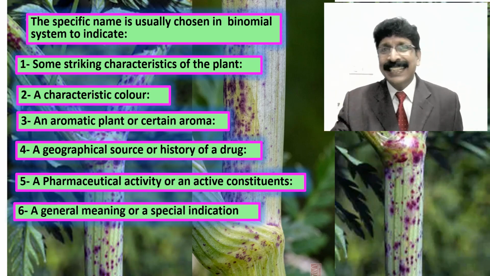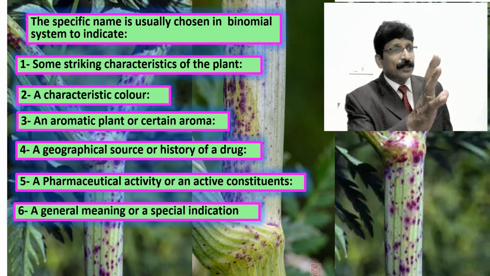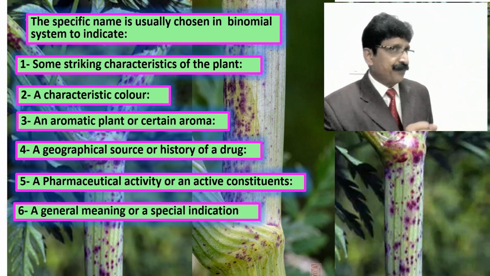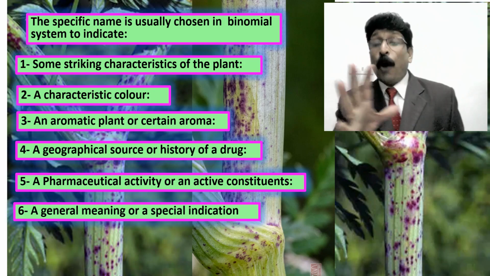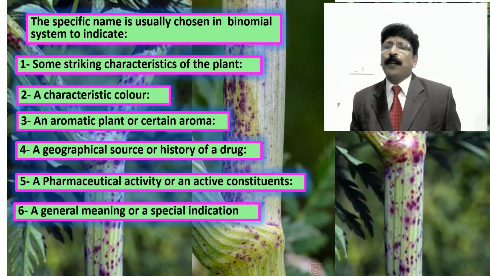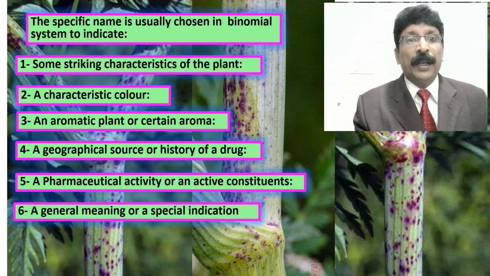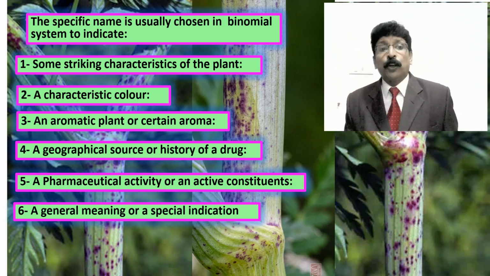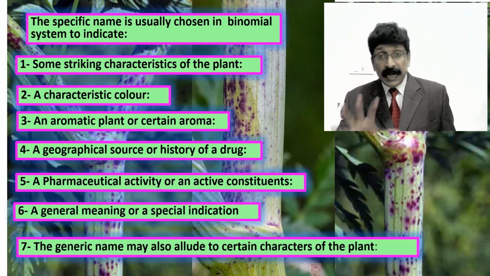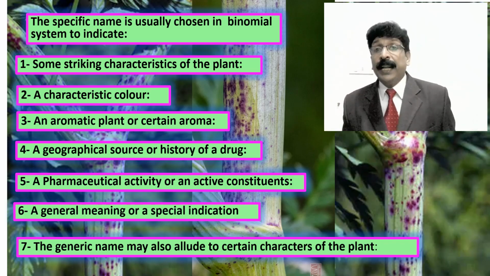Atropa means, in Egyptian, for killing others, the enemies, attacking by means of poison, they used Atropa. Atropa belladonna was used for that purpose. So they used that, even the genus name also is given. A special meaning, Atropa. So generic name, general meaning, special meaning can also indicate.